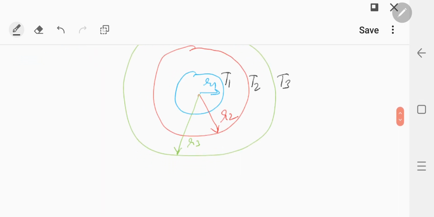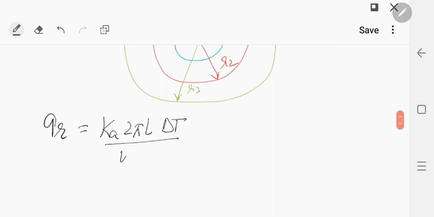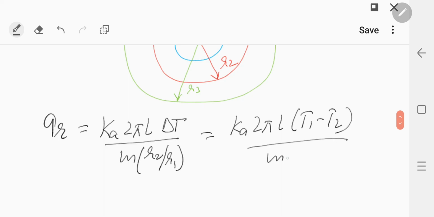Then under steady state conditions, the rate of heat input will be equal to the rate of heat output through all these three different systems. So QR is constant, which can be written as Ka 2 pi L, that is delta T over ln R2 by R1, that is Ka 2 pi L (T1 minus T2) over ln R2 by R1.